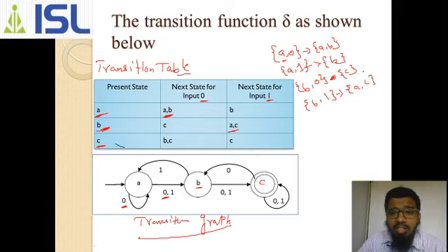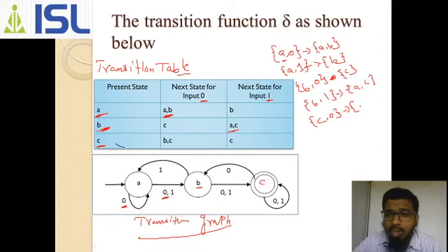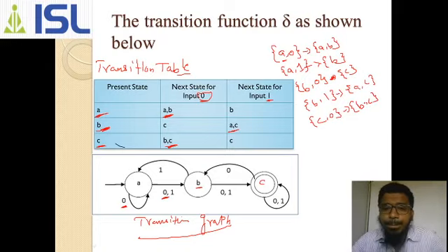What about C? C with 0. What answer are we getting? B, C. When C has input 0, we are getting the answer B comma C. Now the last one is C comma 1.